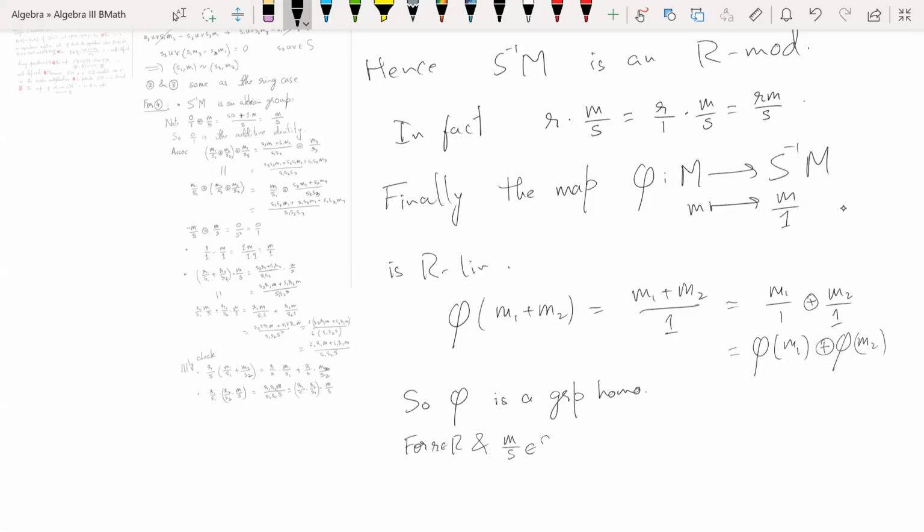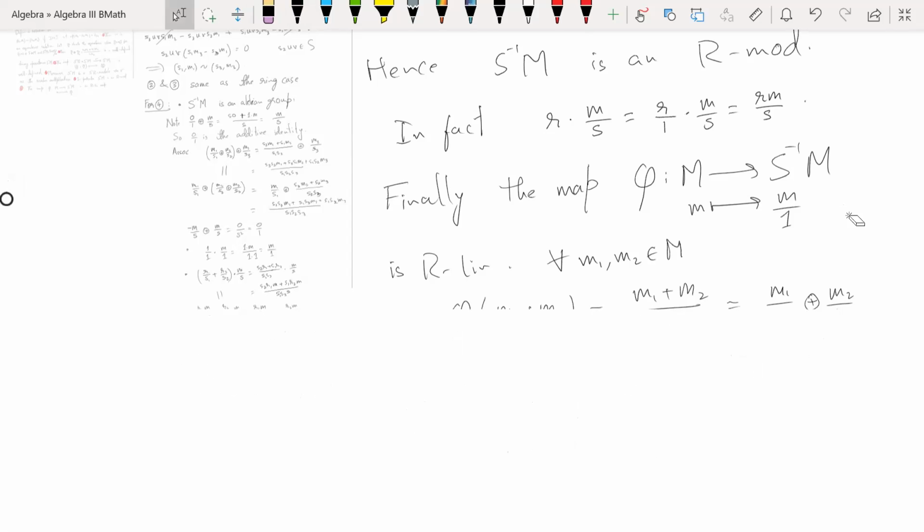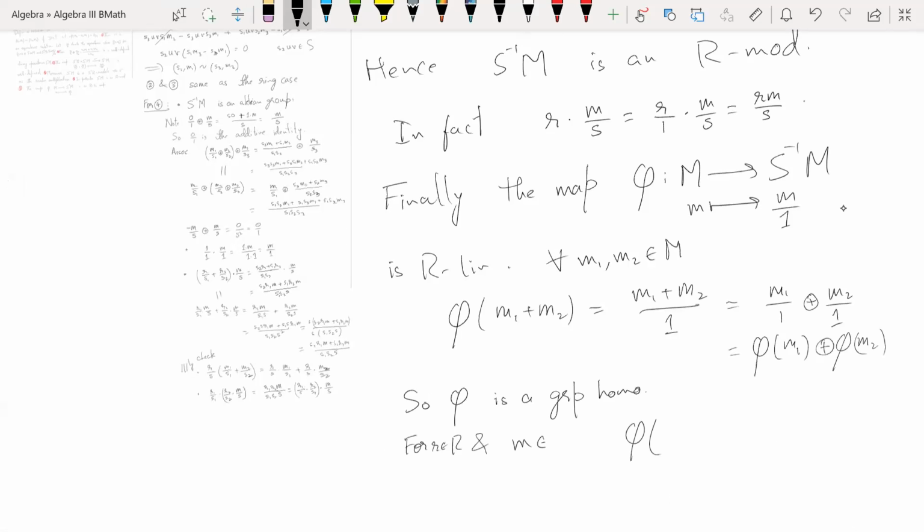So what we have to check is, for R in R and M in M, phi of R dot M by definition is Rm over 1.